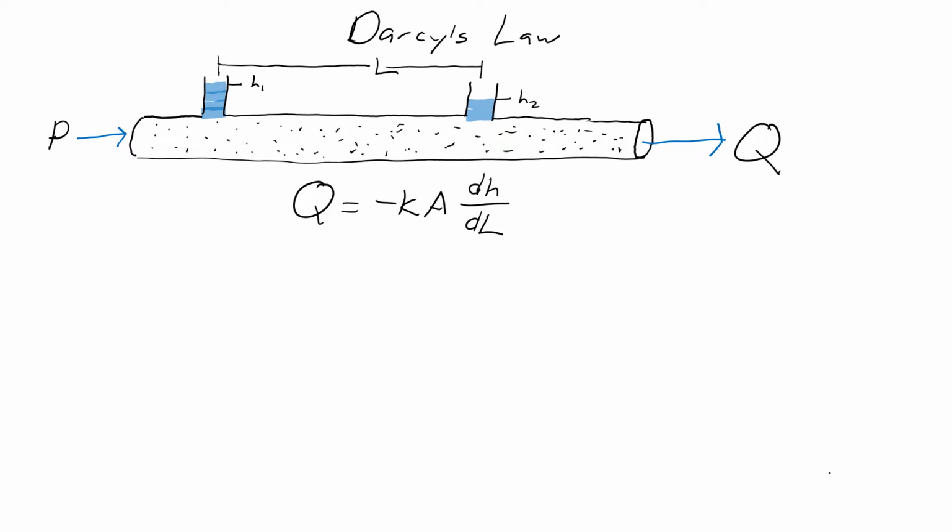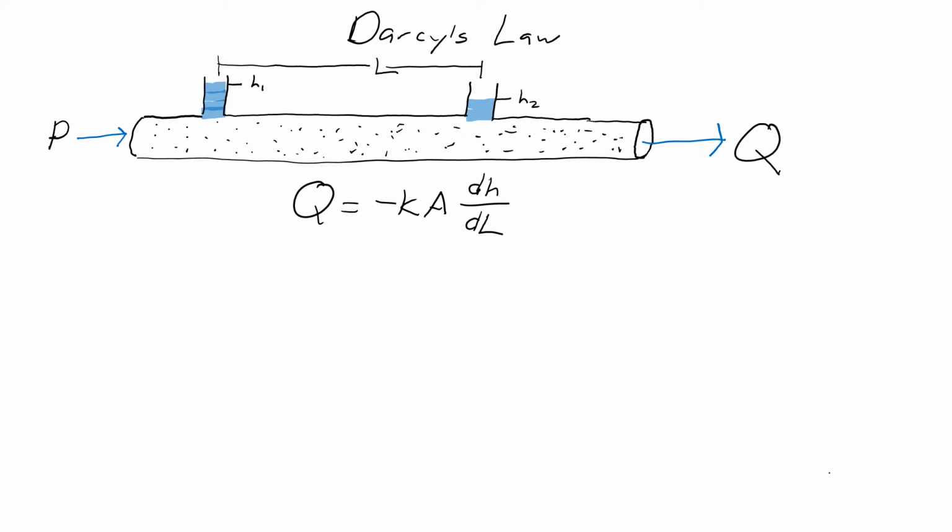If he turned up the pressure, the flow rate would increase for all porous materials that he put in the tube, which makes sense. Pushing water through it more forcefully, more is going to come out the other side. But he also noticed that if you made your pipe bigger, a bigger cross-sectional area A, more water would come out the other side.